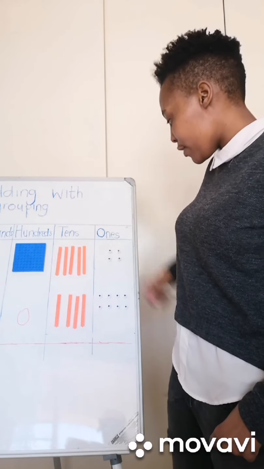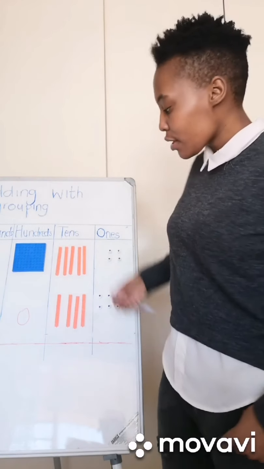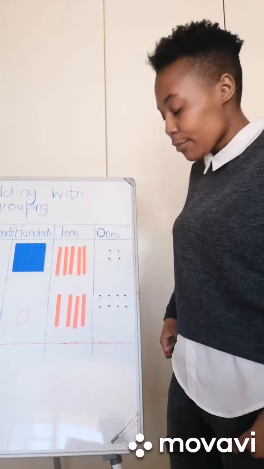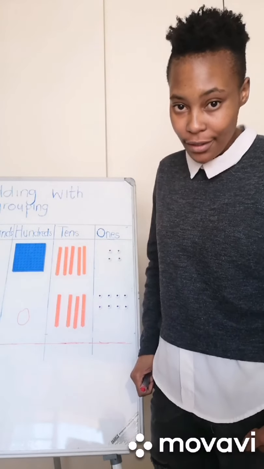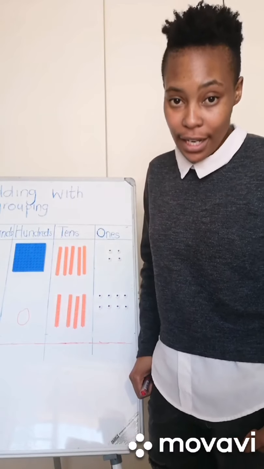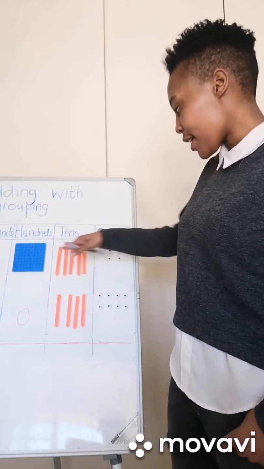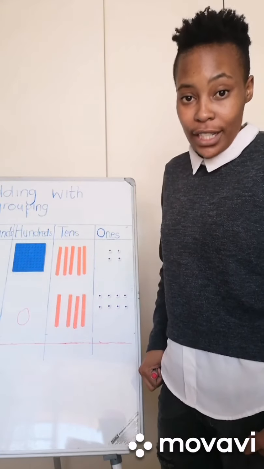Add 4 white blocks and you have 154. For 48, 4 orange blocks give you 4 tens. 4 tens equals 40. 40 add 8, that's 48. First number is 154. The second number is 48.